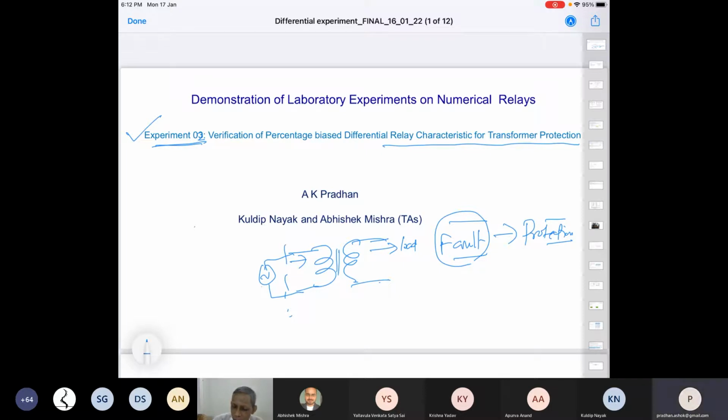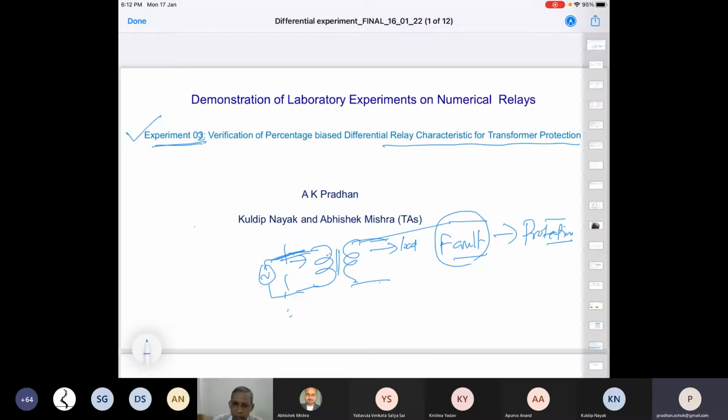The transformer is exposed to the overall line. A transmission line ends in the substation, and again another transmission line emanates from it. So this side also a line, and this side also a line. Lightning will strike, and some traveling wave will get in. So the corresponding transformer windings may be exposed to the lightning.